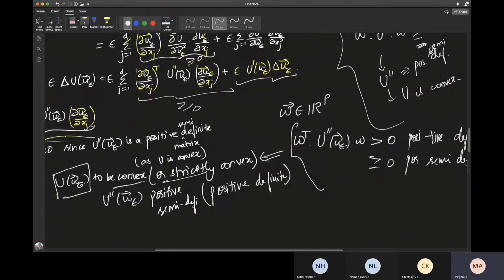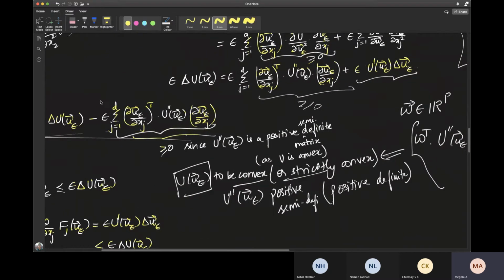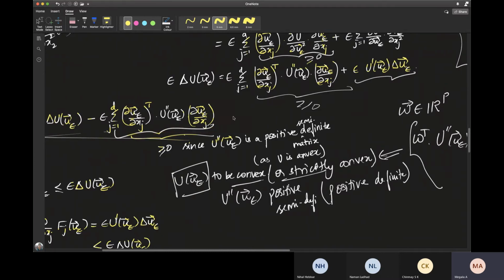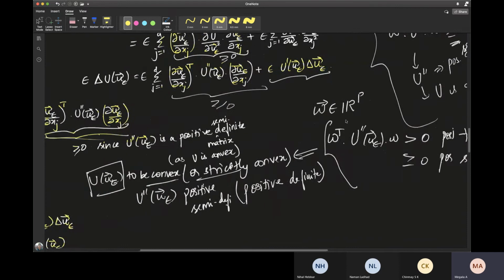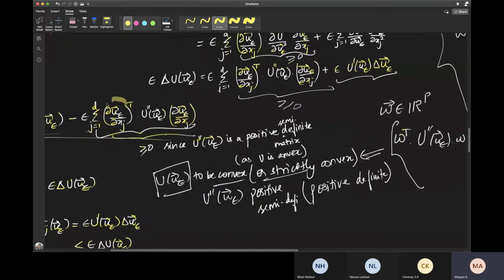So if you notice in this expression, this is similar to W transpose dot U double prime dot W. Okay. So for any W in R^p, if this holds, then it obviously will hold for this vector, which is dou u vector epsilon by dou x_k, which also belongs to R^p.